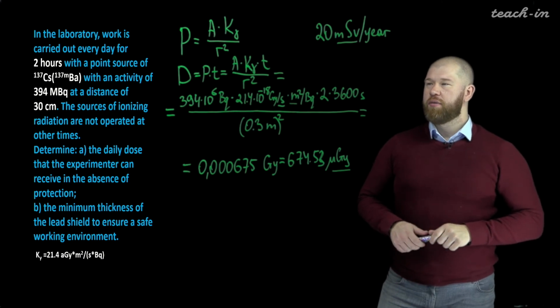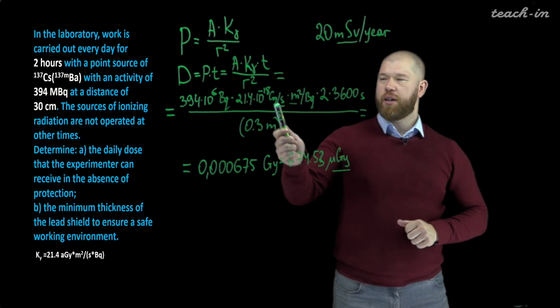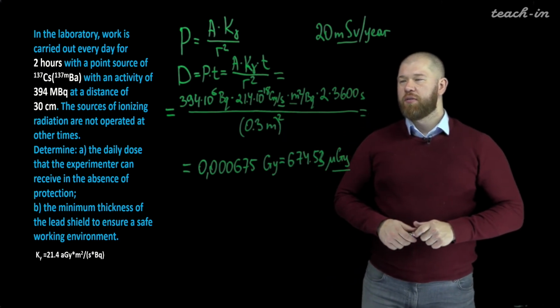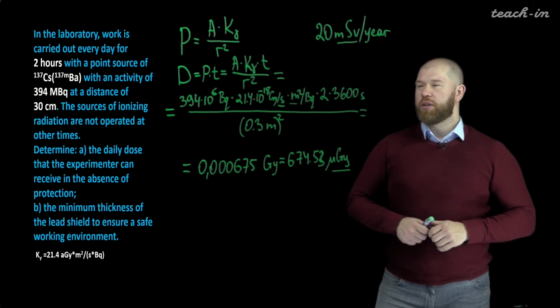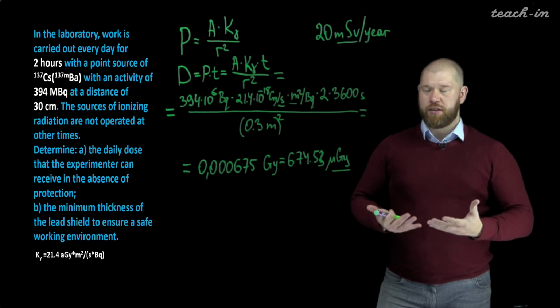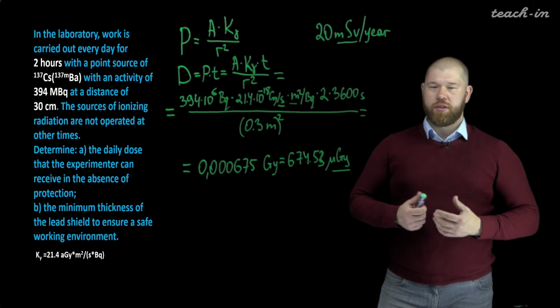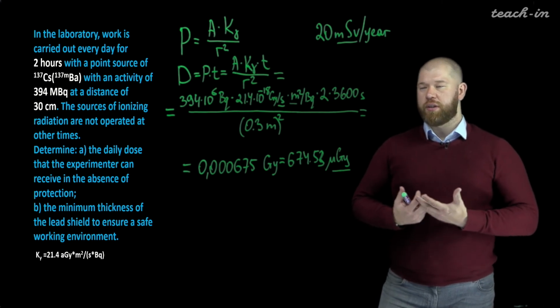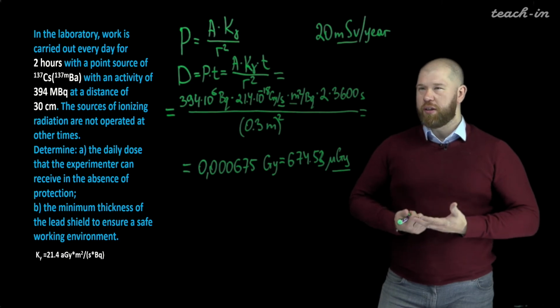From our previous lecture, we remember that this Kerma constant is given for the air conditions. So it is a dose rate that is created in air. Millisievert, it is the dose, equivalent dose, that is created in the human body.